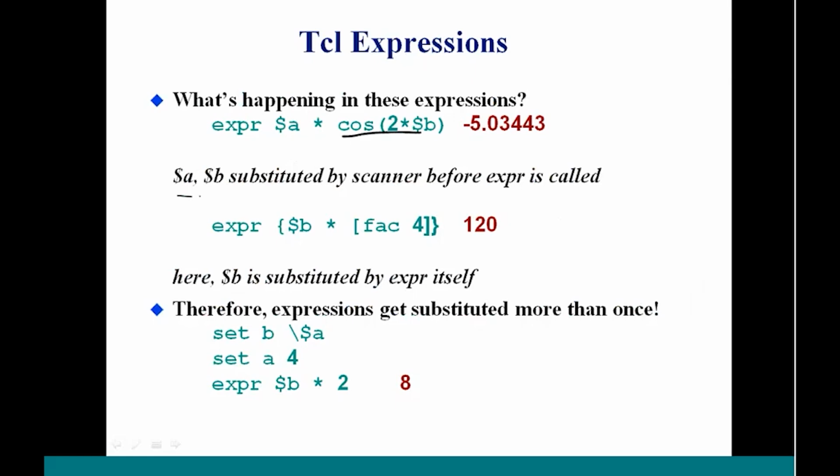All these things, $A and $B, are substituted, whatever values they get substituted with, and then expr is called after that. So it is substituted, and then expr is called, and then expr goes to cos and says, hey, I don't know this value, so recursively that goes back, it gets evaluated, then it goes back to the expression, and then you get this answer.